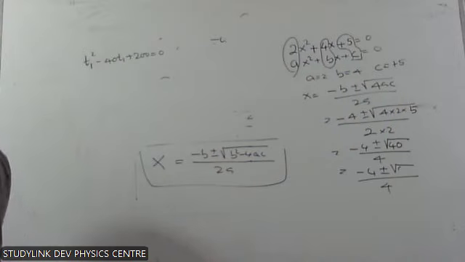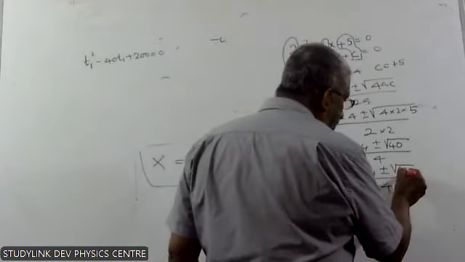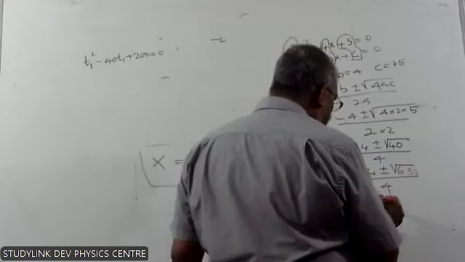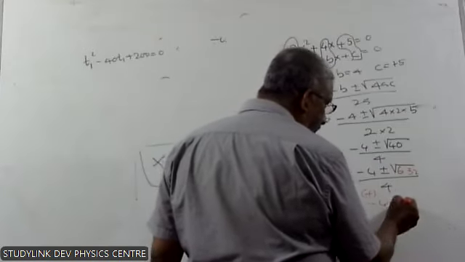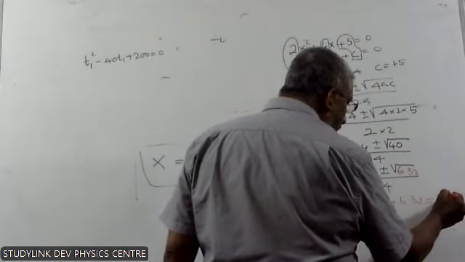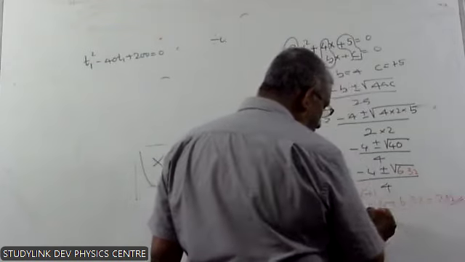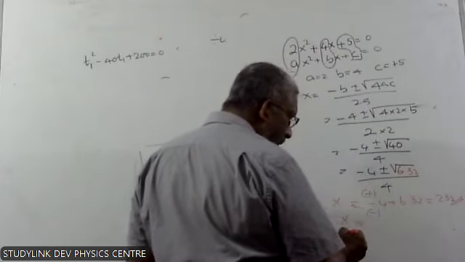That is 6.32. When you consider the plus sign, minus 4 plus 6.32, then the answer is 2.32. As for the negative sign, there are two answers for this.